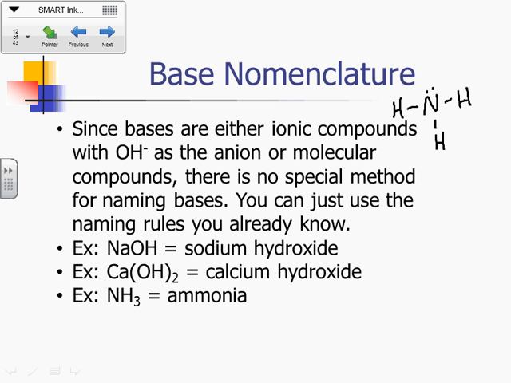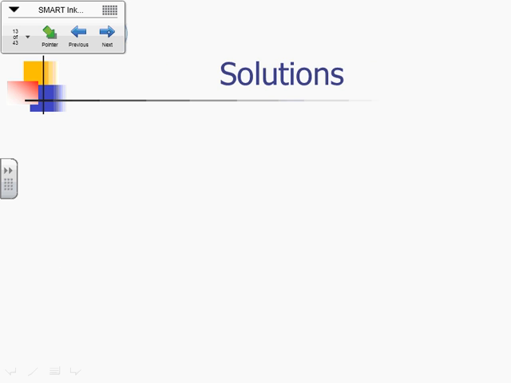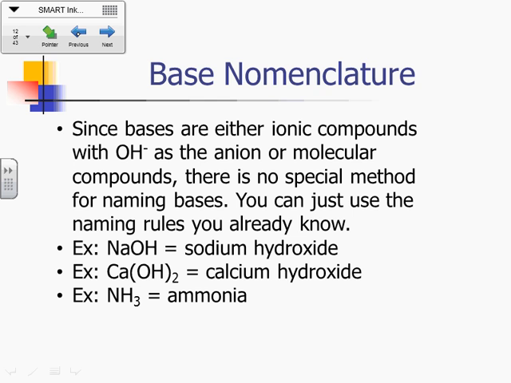We only write Lewis structures like that for covalent compounds, okay? So NH3 is covalent, which means that if we were going to name this thing, it would be nitrogen trihydride. Remember that? You have to put the prefixes on for covalent compounds, okay? But it's ammonia, because that's a common name for it. Okay, so that's the base nomenclature.